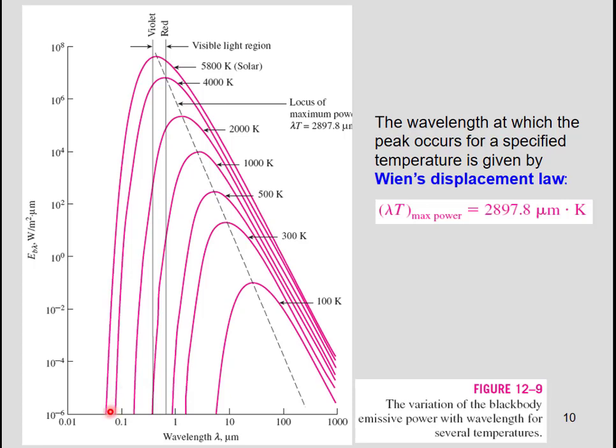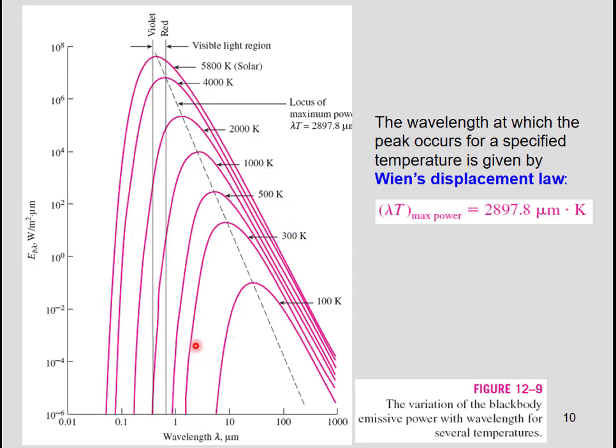As you can see, by increasing the wavelength, this radiation power initially increases, then reaches a peak, and finally decreases. So the emissive power for different wavelengths at different temperatures is something like it.